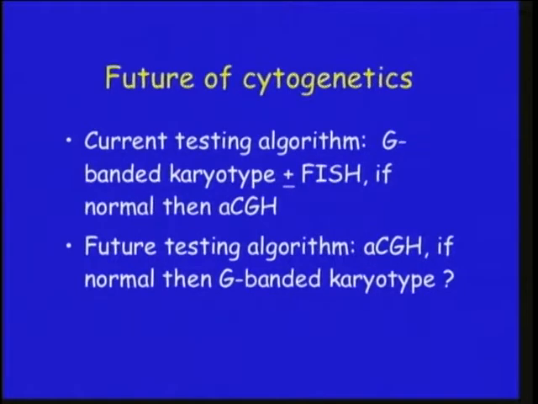So it may be that in the not too distant future, we'll be doing Array CGH first on every patient. And then if that's normal, we'll do a G-banded karyotype either to pick up a balanced rearrangement, and we know that de novo balanced rearrangements can sometimes cause problems in people, or to pick up anything else that's been missed on the array.